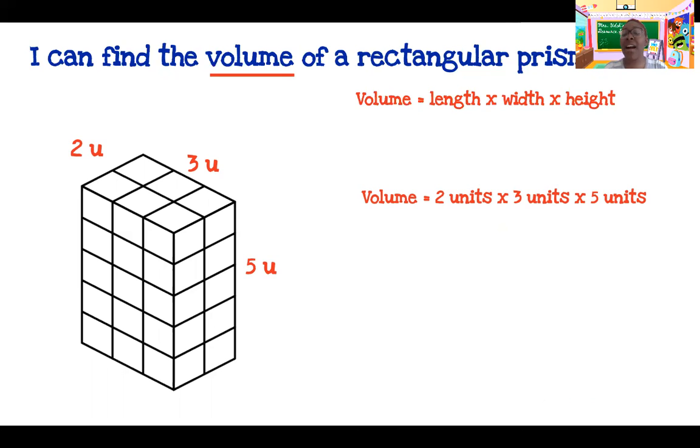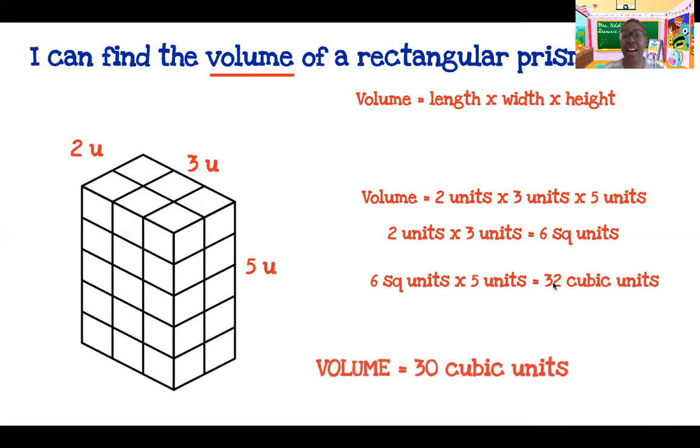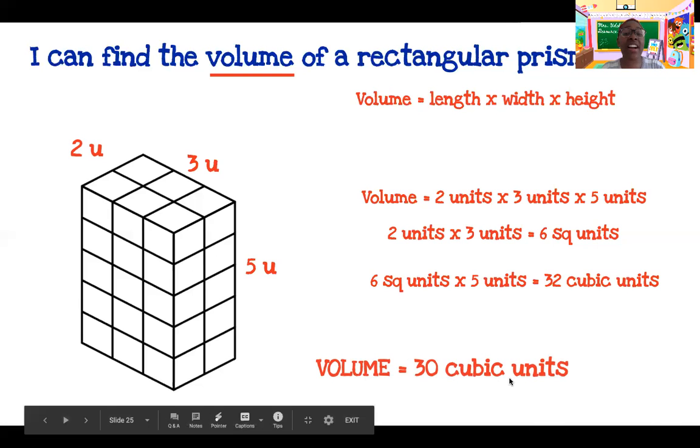Let's start with our area. 2 units times 3 units is, you guessed it, 6 square units, because area is always square. So what do we do next? That's right, we multiply times the height. So 6 square units, times 5 units equals 30 cubic units.